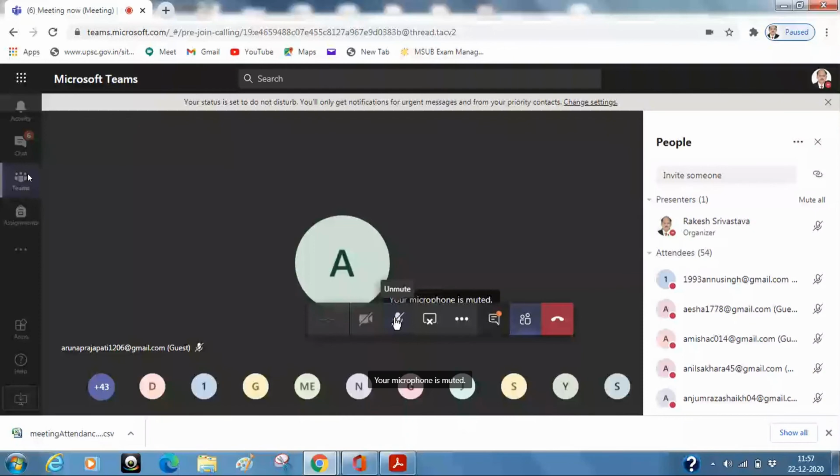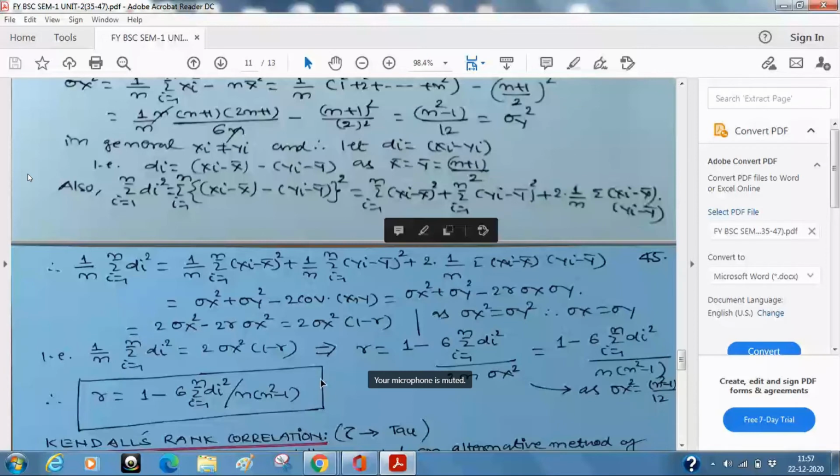This is the basic idea, as I was telling you, of the Spearman's rank correlation.